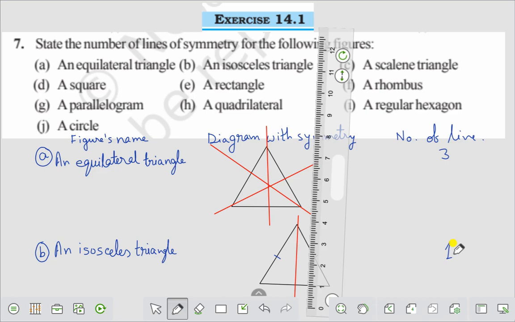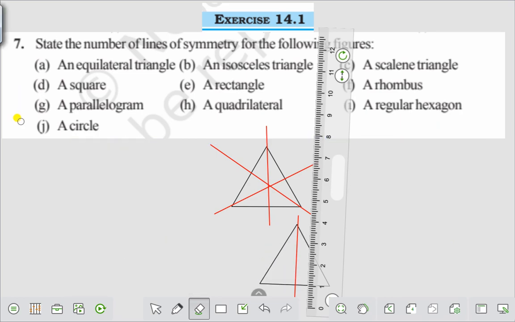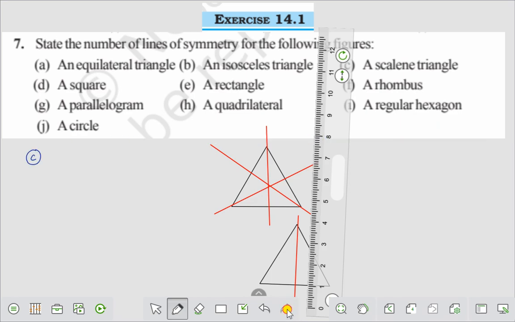Okay, I'll find question number C, a scalene triangle. Let us find the scalene triangle, right? Question number C. You have to remove this one.